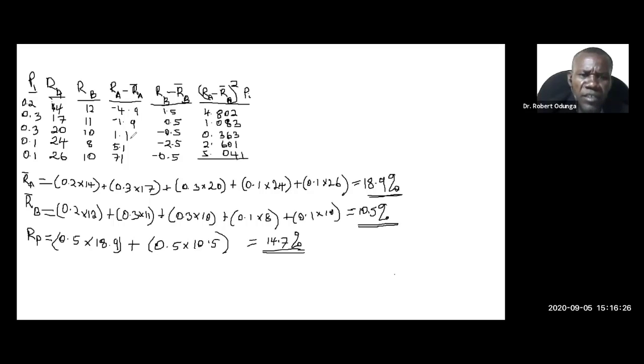As I write, I hope you're also seeing what I'm writing so that if there are any errors, you correct me. So once you get 1.1, then you square that. You get 1.21, times 0.3. Yes, so this one is correct.